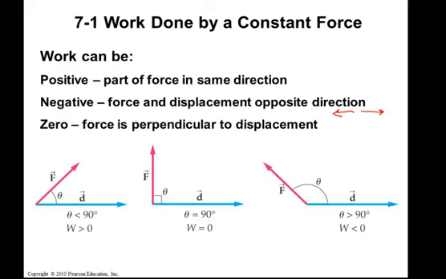However, if I hold a barbell up over my head and then I let it down, my force was still upward, but the barbell was moving down, so that would be negative work. We could also have zero work, and zero work means they would be perpendicular, like in this case. So in that case, you don't do any work because they're not in the same direction.